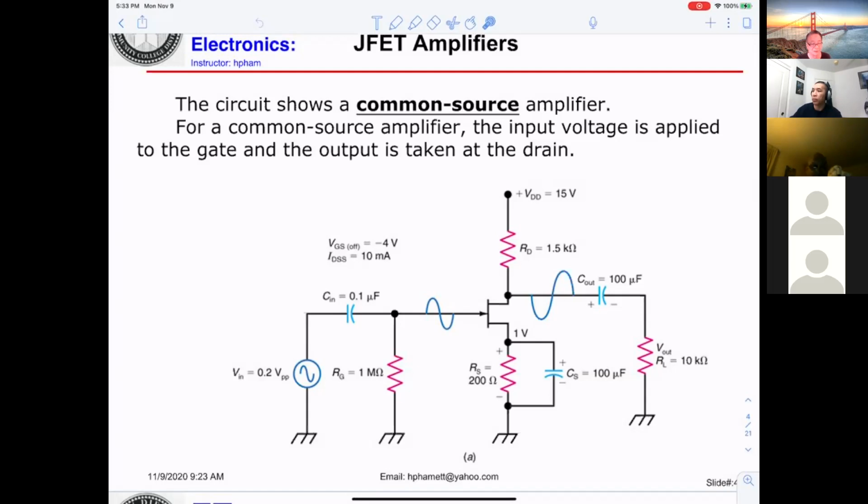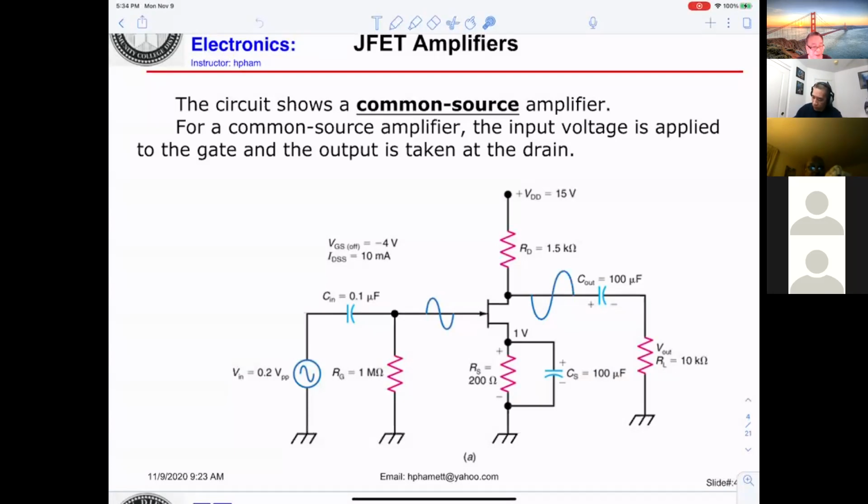I'm asking you, with fixed bias, self-bias, and voltage divider bias, if you try to calculate the current ID, for example, you have to use the graph for self-bias and voltage divider bias.